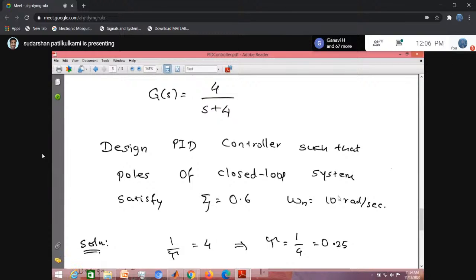You choose a Kd value and solve for Kp and Ki. Depending on the value of Kd, you will get different solutions. Of course, Kd equal to 0 corresponds to the PI controller. So give me a solution by choosing Kd and solving for Kp and Ki.